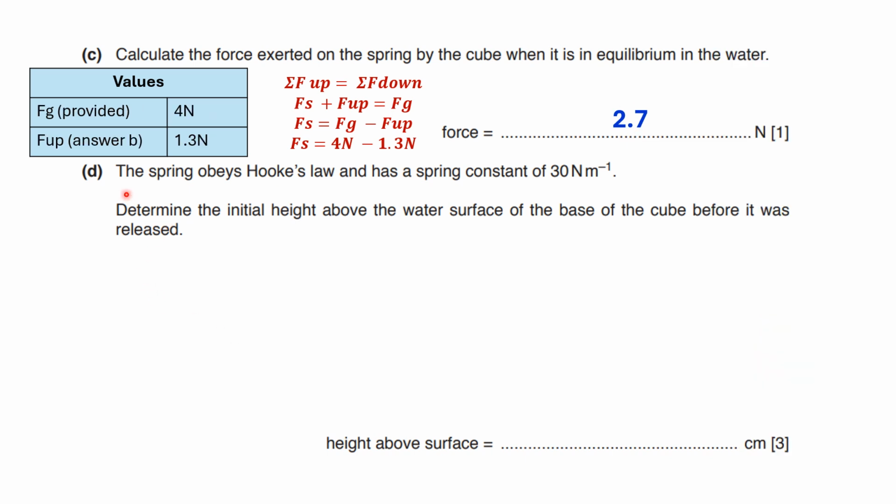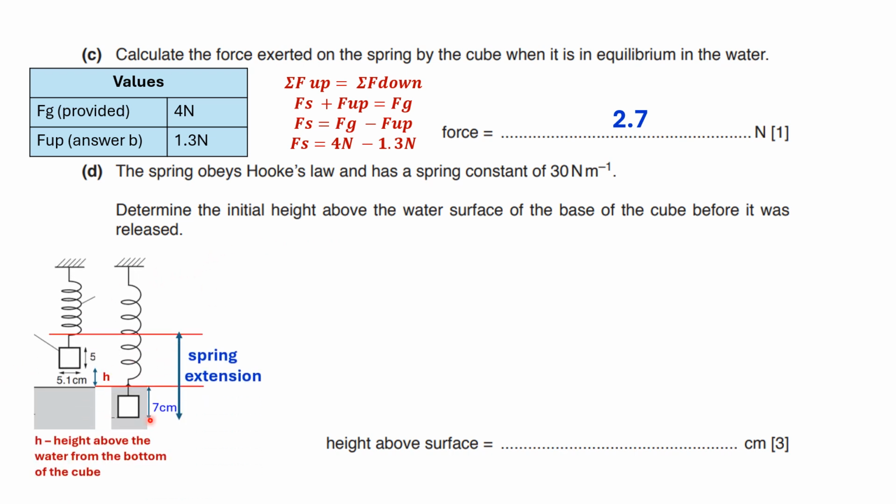Question D. The spring obeys Hooke's law and has a spring constant of 30 newtons per meter. Determine the initial height above the water surface of the base of the cube before it was released. Let's understand what's going on.